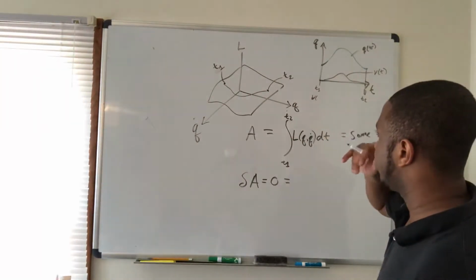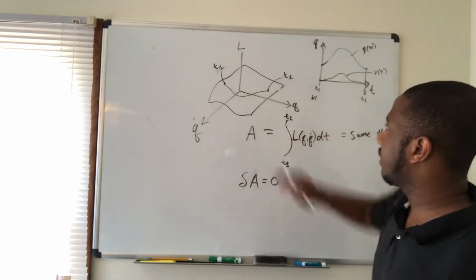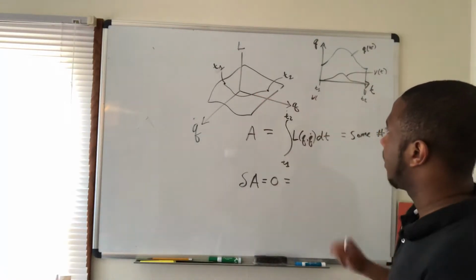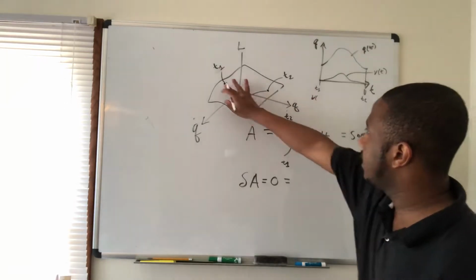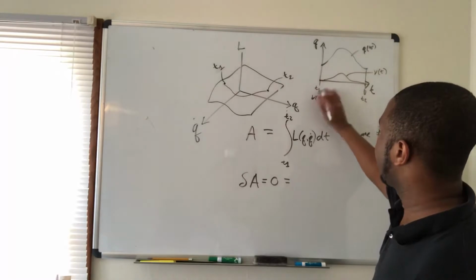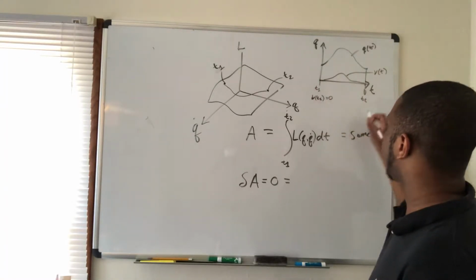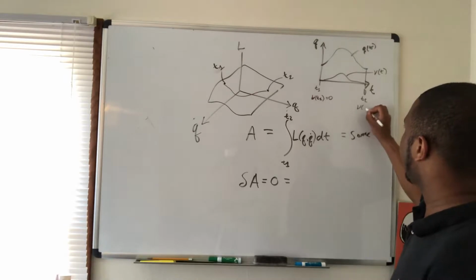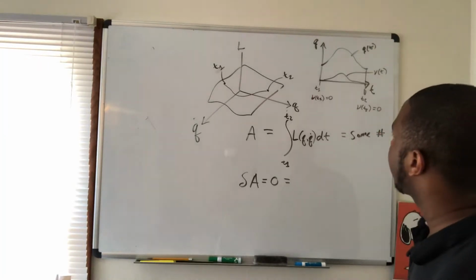So if we already said there's a q and a q dot here, and a q and q dot here, that gives us this value, then you essentially have to guarantee that those two values don't change. So the function v at t1 has to equal 0. The function v at t2 also has to equal 0. Why?